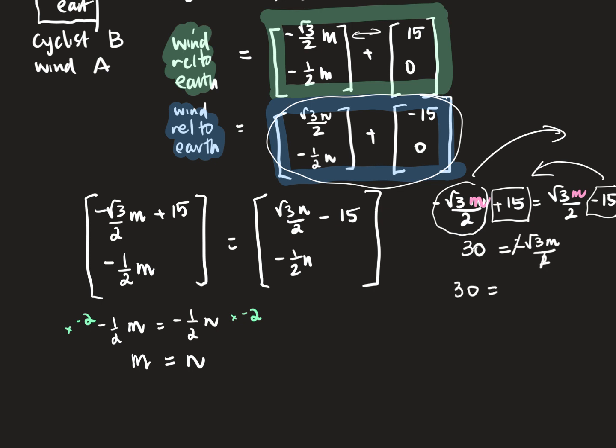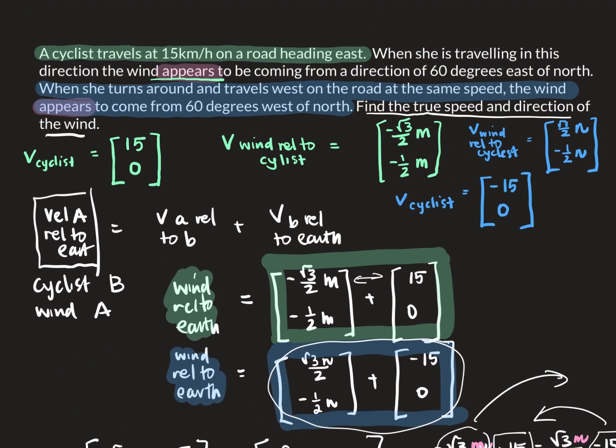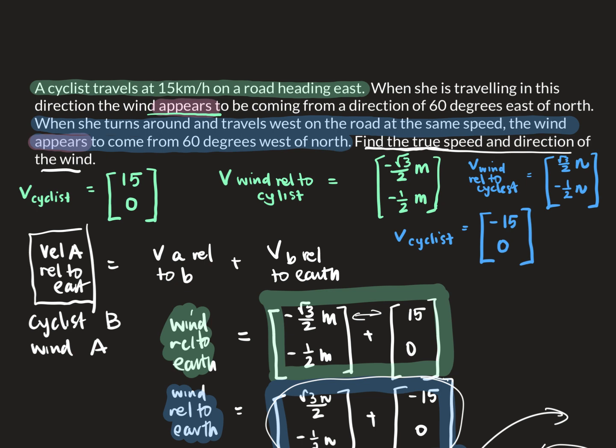I've got 30 is equal to root 3m. I can find out what m is here. M is 30 over root 3. Now I could put that in decimals, which gives me 17.32 for m.